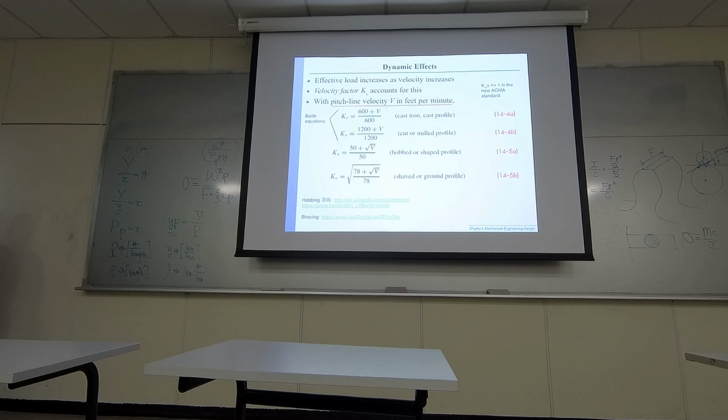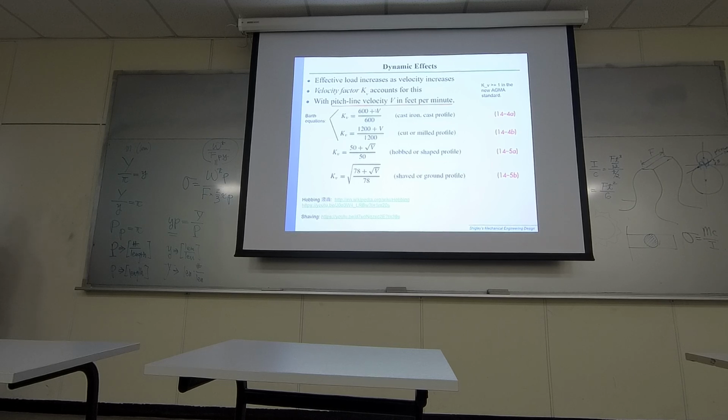And if you build the gear by cutting or milling, then there's a different equation. So which one is good for dynamics, cut or milling? Let's say you have a speed of 100. KV for the cutting one is going to be 1300 over 1200, so it's 13 over 12 in K. But if you have the same speed for the casted geometry, it's going to be 700 over 600.